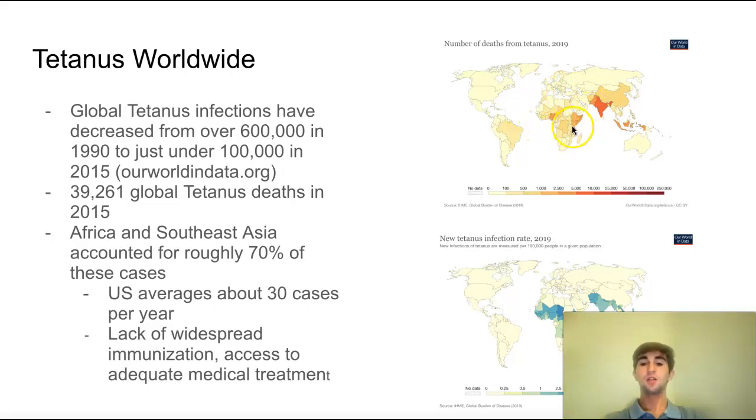These underdeveloped countries that don't have access to the vaccine readily also have lack of access to adequate medical treatment if they do get tetanus, and that's what is leading them to have so many cases. For example, the US has about 30 cases per year, and that's primarily because we're at almost complete vaccination of the whole population.